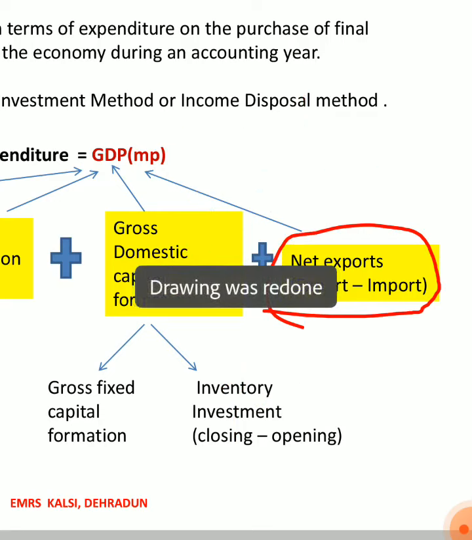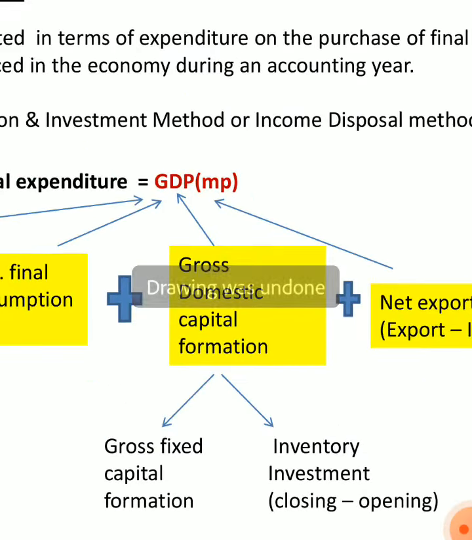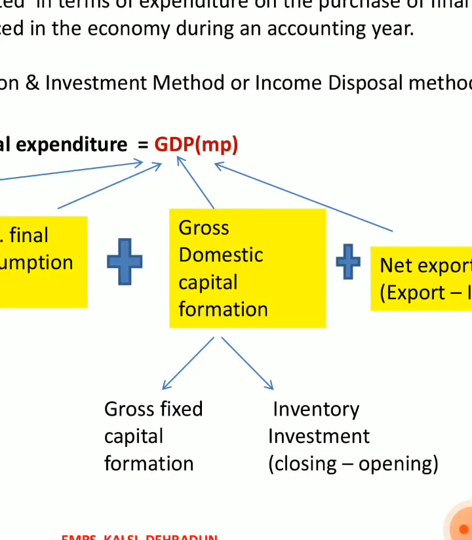One more thing here: if it is written gross domestic capital formation, then you have to put the gross value.